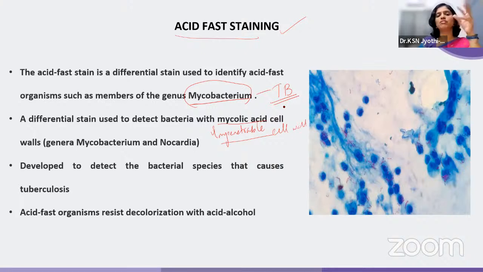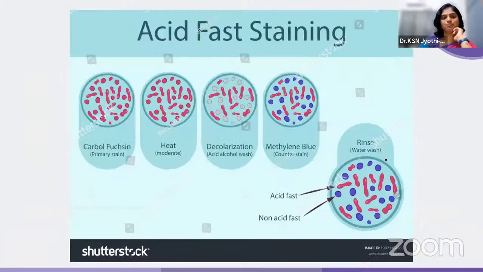Therefore, we use a different staining technique, which we call acid-fast staining. Acid-fast organisms resist the decolorization when we add an acid alcohol. Those that resist, the acid-fast organisms, will appear blue in color. Those bacteria which could not sustain this will look pink in color.